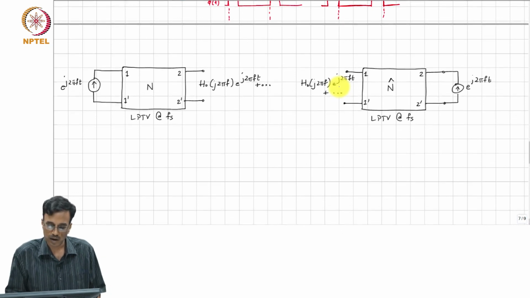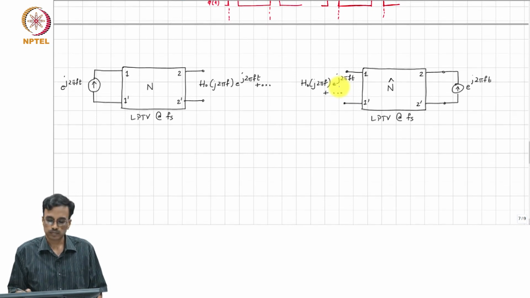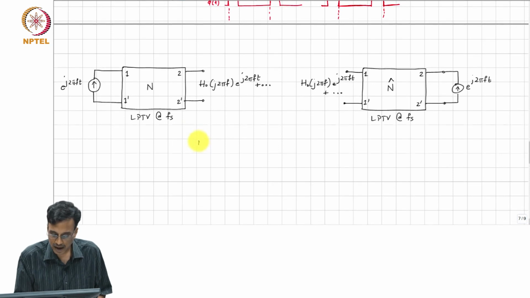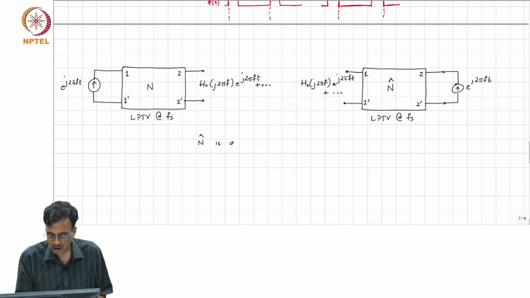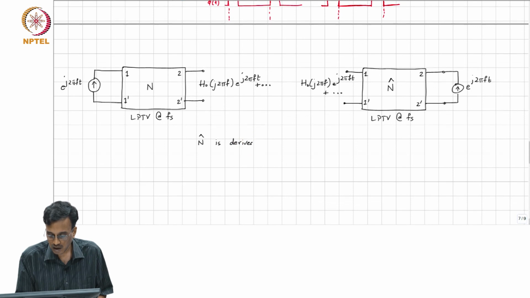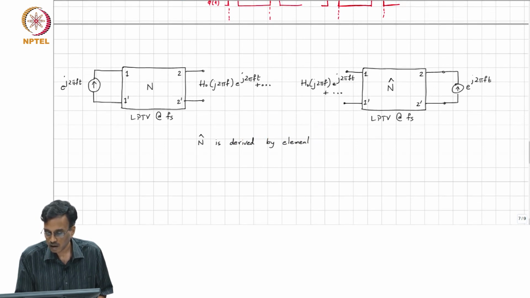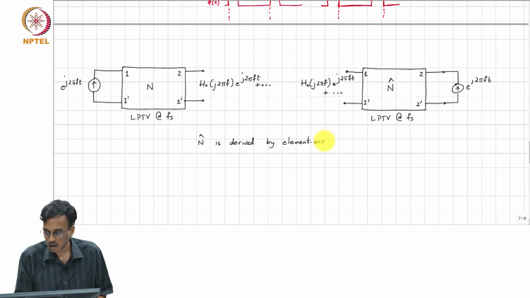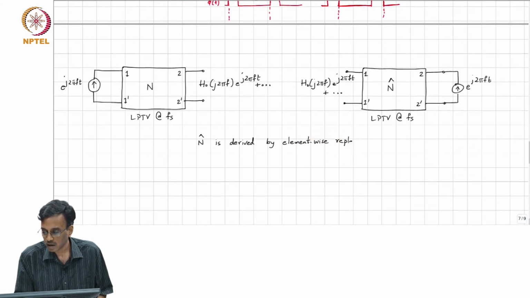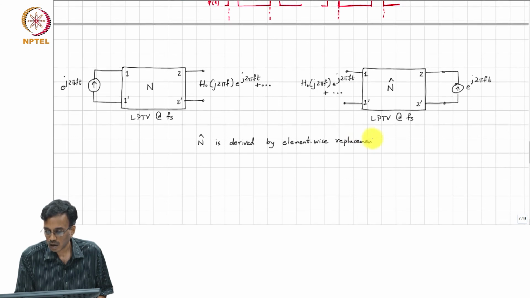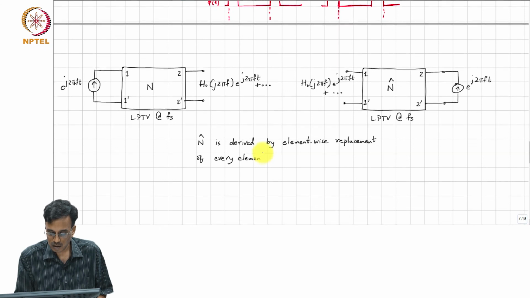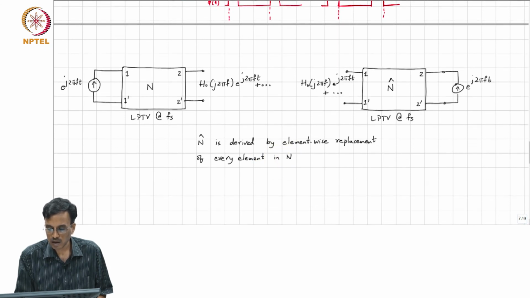And how do we go from N to N hat? So, N hat is derived by element wise replacement of every element in N, right.